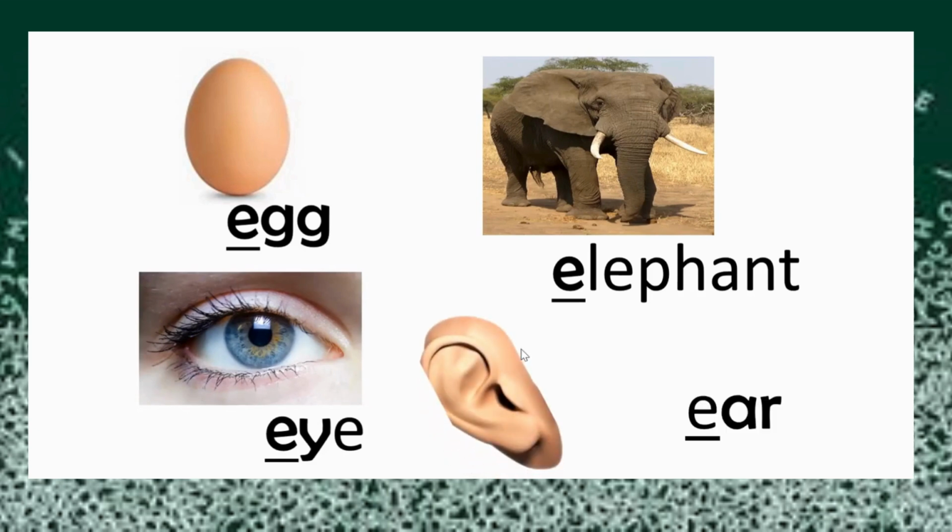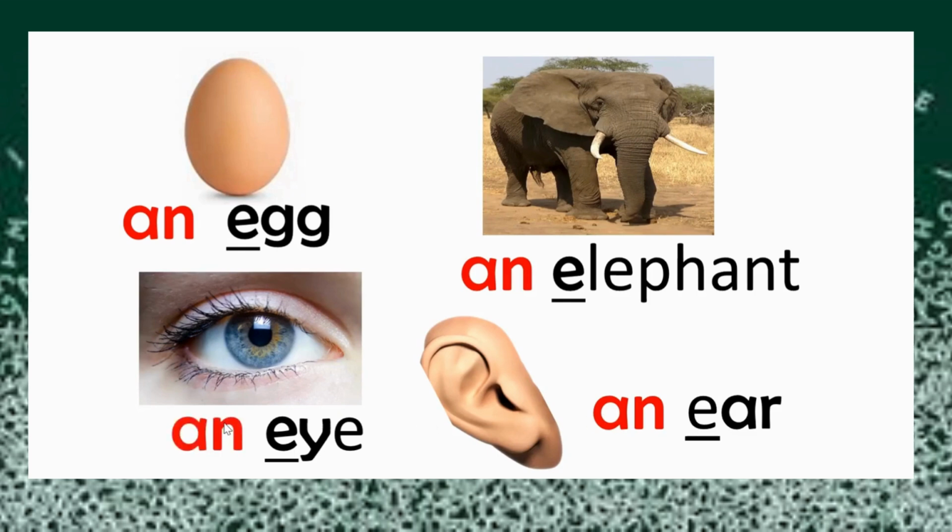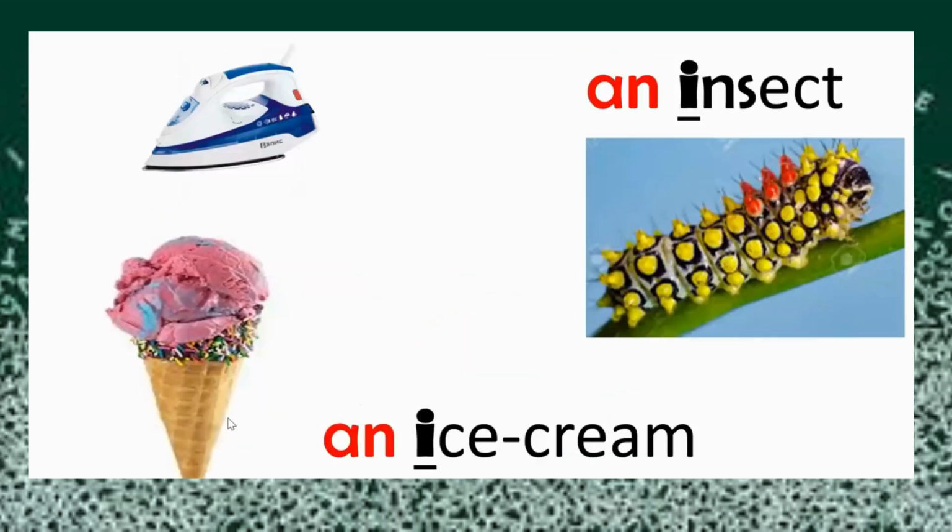And the next picture is ear. One ear. So what do we say? An egg. The next is an elephant. Next is an ear, one ear, an ear. And finally, an eye, an eye.